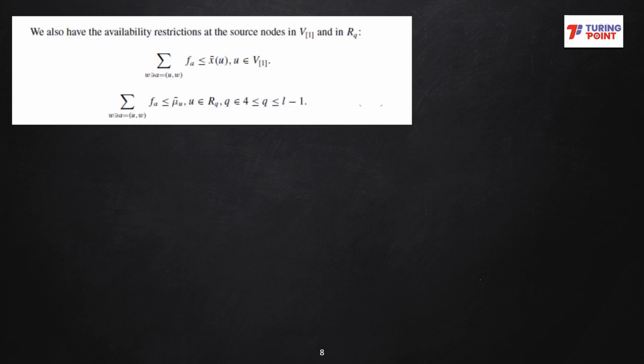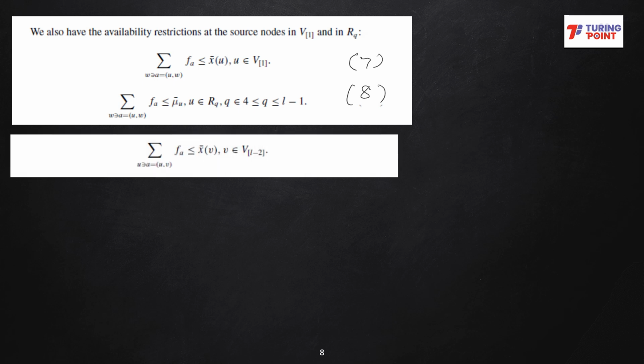For all origins in stage 1, and for all rigid pedigree nodes in the network, namely R, Q, for Q in 4 to L-1, we require availability restrictions to be satisfied. See equations 7 and 8, respectively. We have, in addition, the node capacity restrictions as shown in equation 9, for nodes in stage L-2.